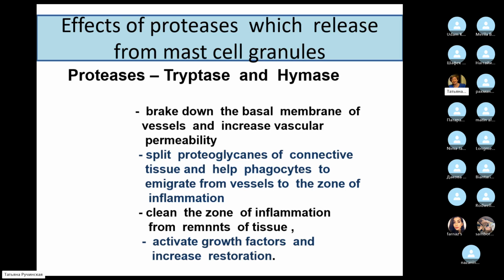At first, they break down the basal membrane, and the consequence of it will be increased permeability. The basal membrane consists of collagen and elastin fibers. Such fibers consist of proteins.